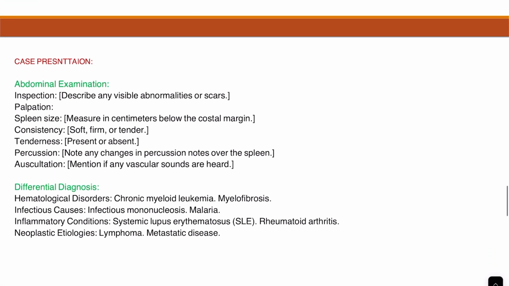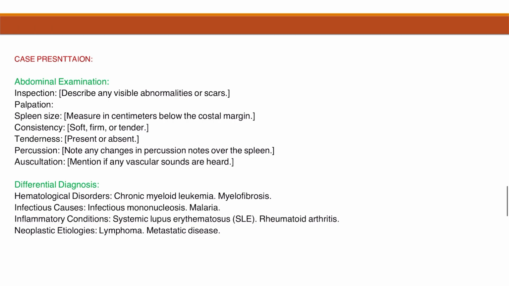So how are you going to present this case? This is an abdominal station, so you say, today I have examined, if you know the age and sex, for example, a 60-year-old male, and my examination findings are as follows. Abdominal examination, inspection: tell about any visible abnormalities.